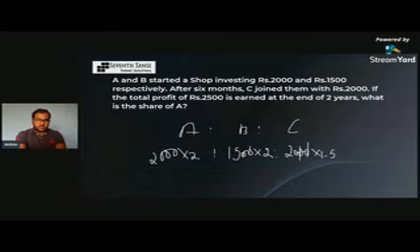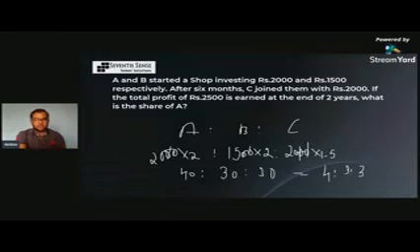So the zeros, 2 zeros and 2 zeros get cancelled. So this will be 20 into 2, which is 40. 40 is to 30 is to 30 again. So this will be 4 is to 3 is to 3. So 2,500 is earned.